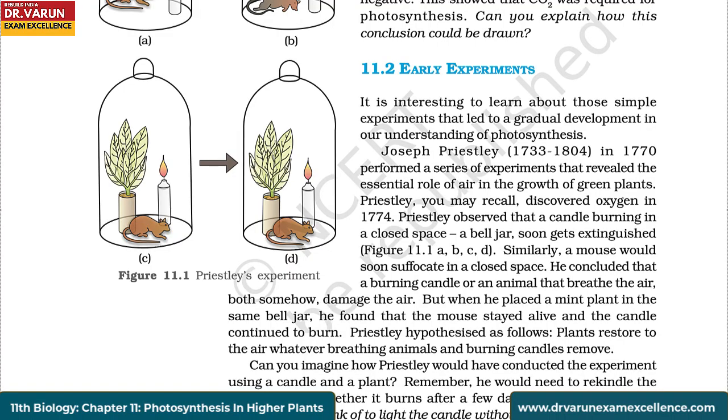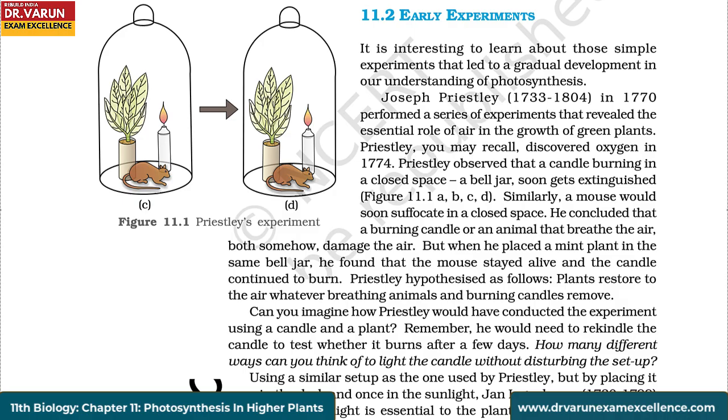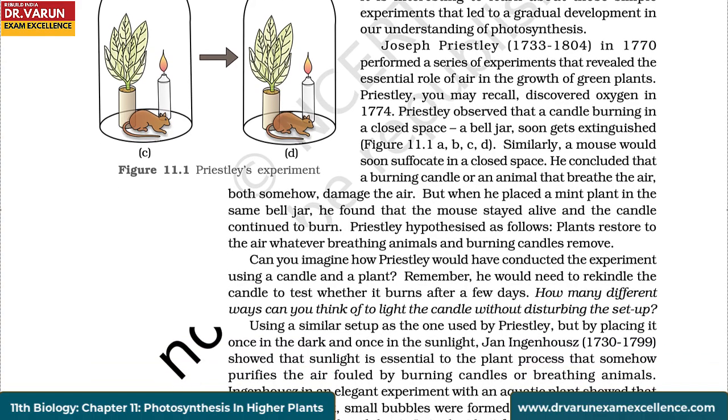Early experiments. It is interesting to learn about those simple experiments that led to a gradual development in our understanding of photosynthesis. Joseph Priestley in 1770 performed a series of experiments that revealed the essential role of air in the growth of green plants. Priestley, you may recall, discovered oxygen in 1774.